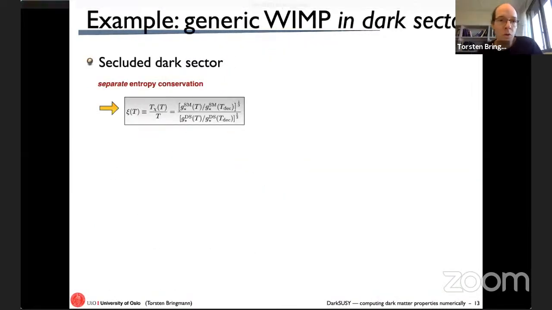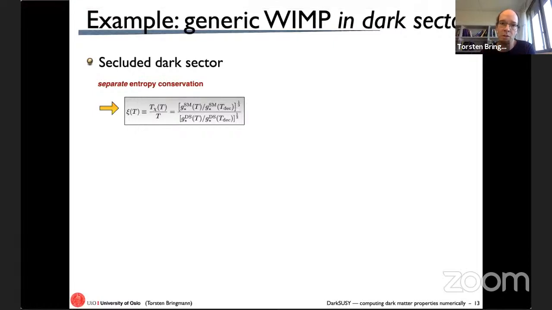Okay, good. So then the next example that I wanted to briefly mention is these dark sector calculations. What changes with respect to the standard calculation is that you have to take into account that the temperature in the secluded dark sector can be different from the visible sector temperature.